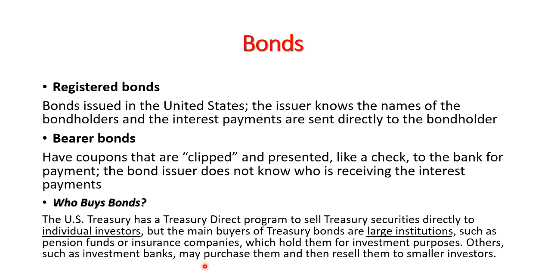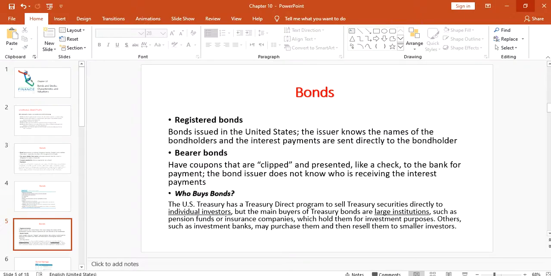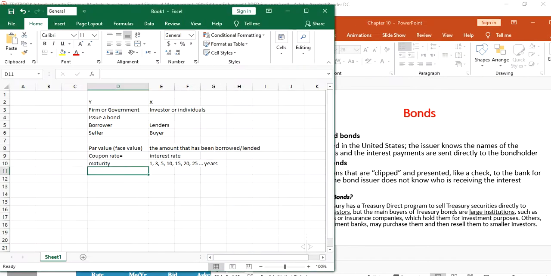So we have types of bond. In this category we have many specific types of bond. The major ones are two mechanisms of bond. Registered bonds are those between the lender and the borrower. It's registered.